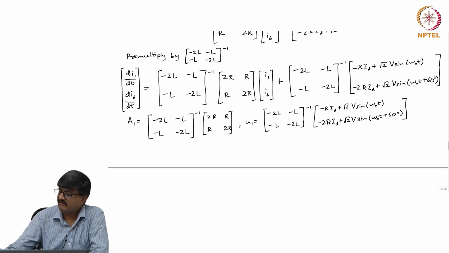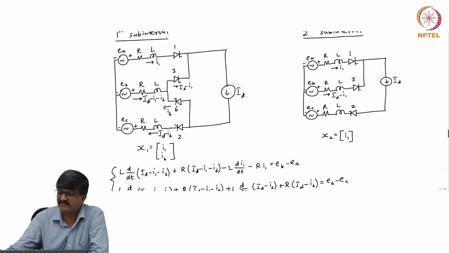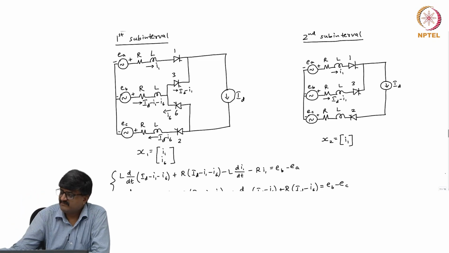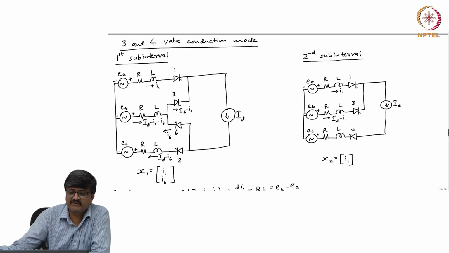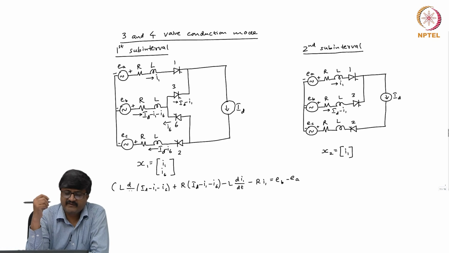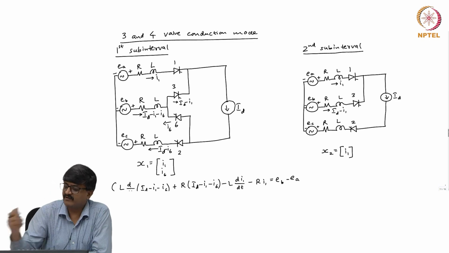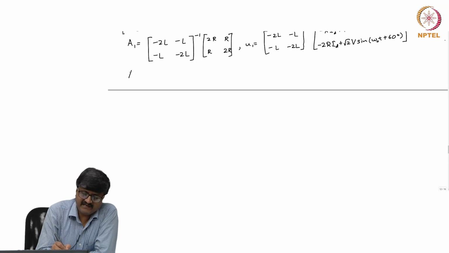Now, can I say what is A2 U2 by using some previous result? A2 and U2 are obtained from the circuit diagram applicable for the second subinterval. Now, this is nothing but the equivalent circuit for the first subinterval of 2 and 3 valve conduction mode. So, what we got as A1 and U1 for the 2 and 3 valve conduction mode are nothing but A2 and U2 for the 3 and 4 valve conduction mode. So, I can straight away write what is A2 and U2 for 3 and 4 valve conduction mode.